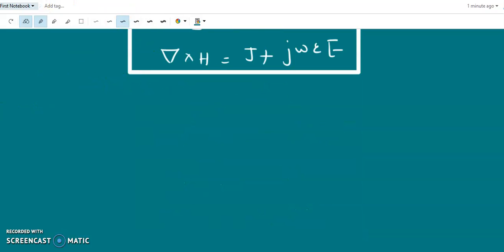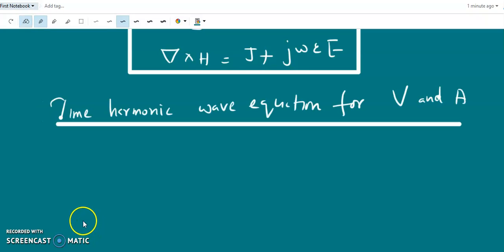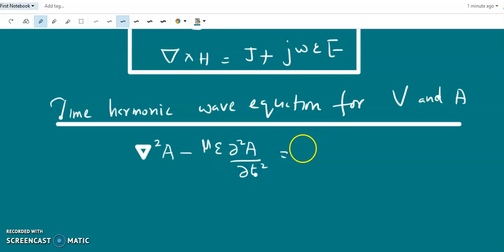Now we can write the time harmonic wave equation for the scalar potential and the vector potential. We know that the non-homogeneous wave equation for the vector potential is given by del squared A minus mu epsilon ∂²A/∂t² is equal to minus mu J. In the time harmonic case we use the phasor notation.